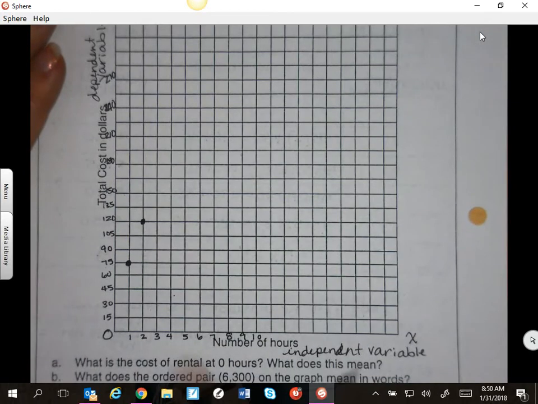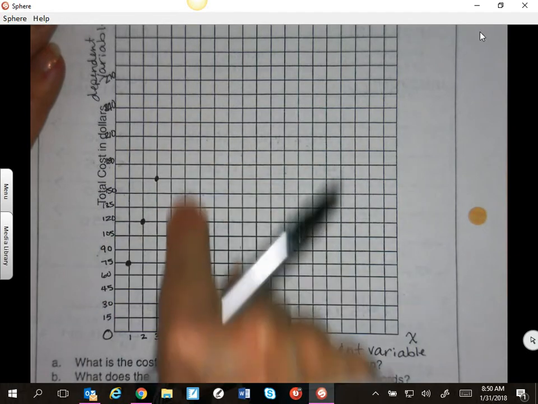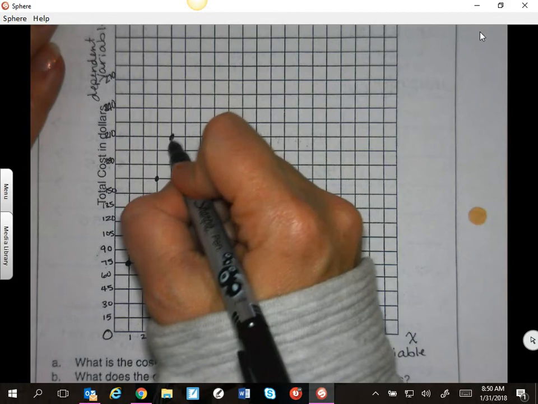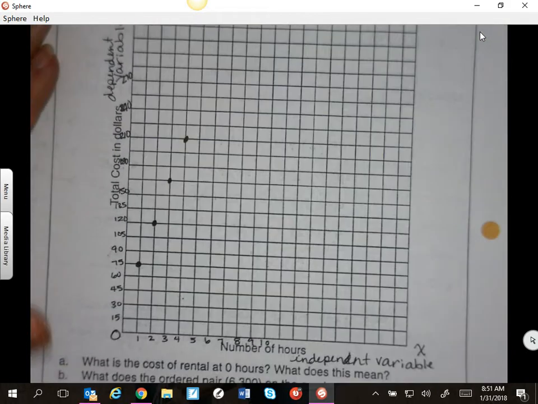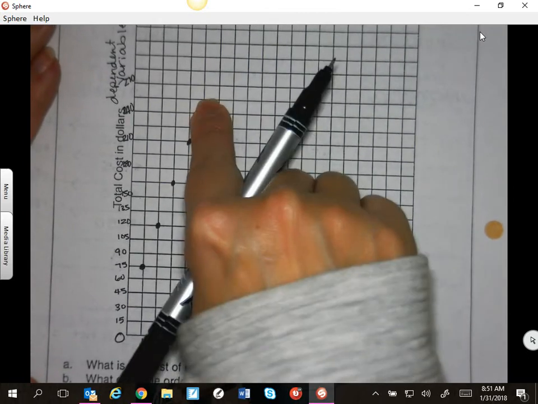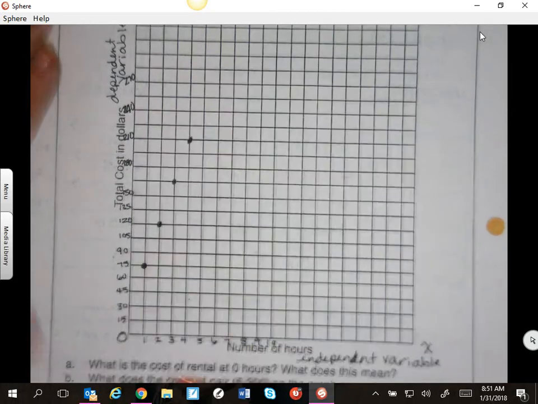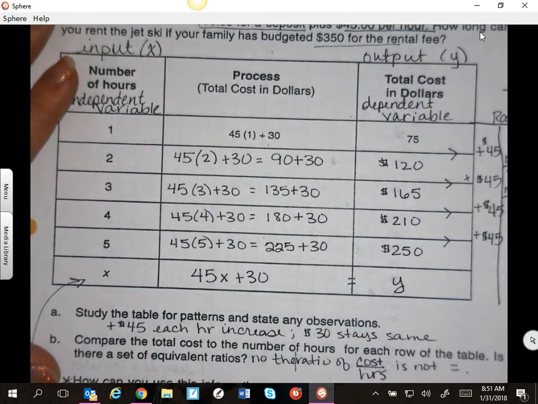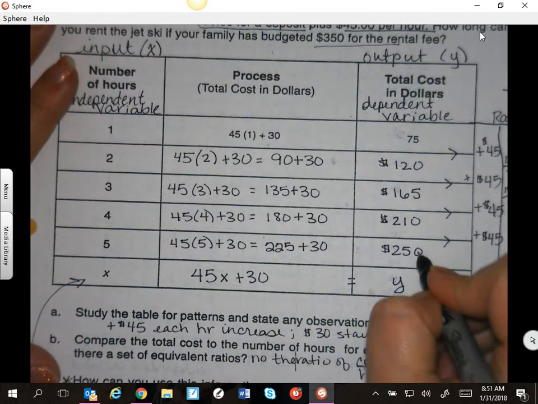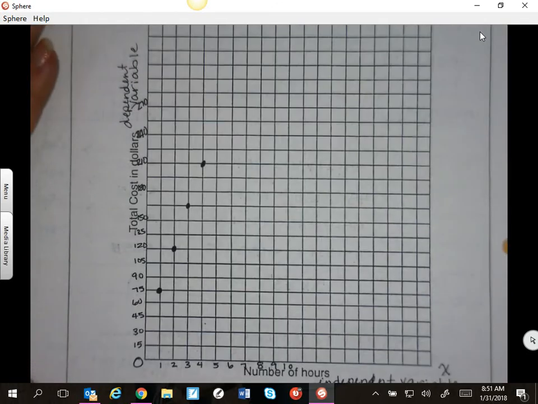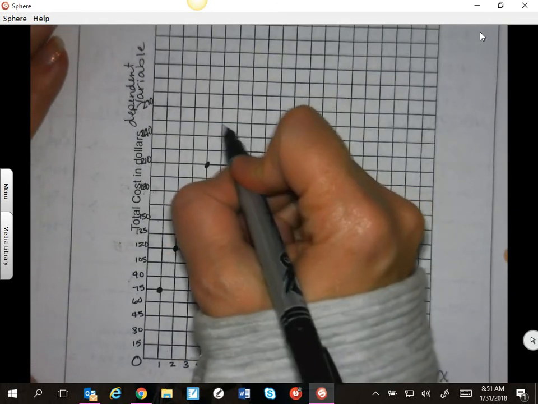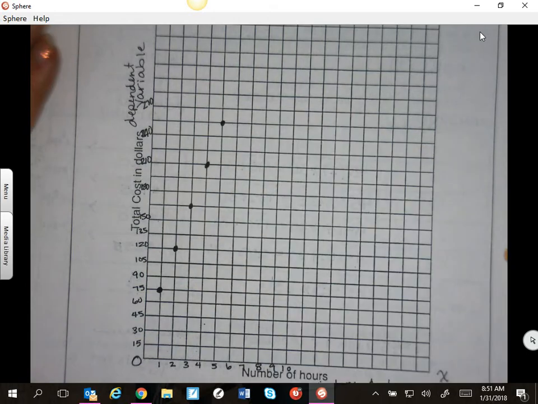So here we have 3, 165. 4 was 210. And then 5 was 250. That doesn't look right. 255, I apologize. 255. So 5 is 255, which will be here. Now, we've used a good chunk of this.